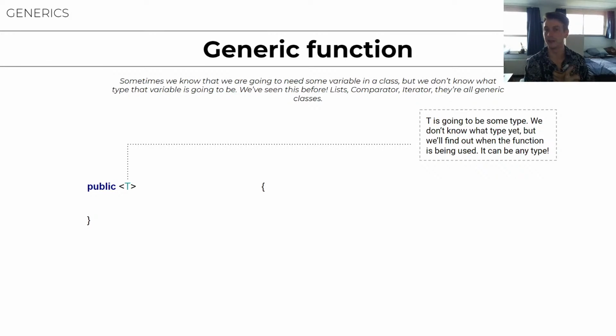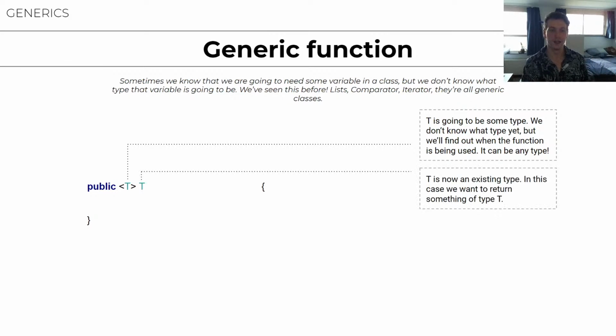So I say public because it's a function. Now I add the T in diamond brackets. That T means this function is a generic function, so it's going to return some type. We don't know what type yet. Then we specify what the function will return.